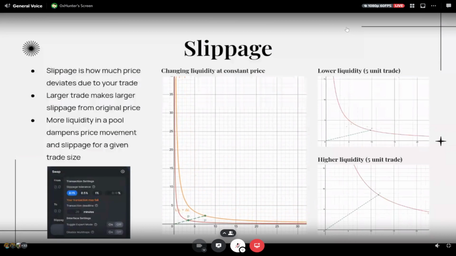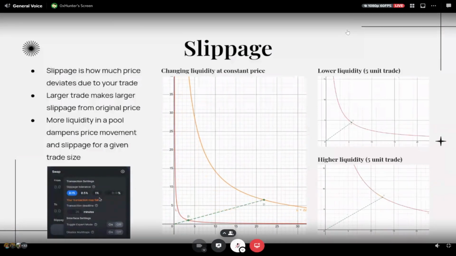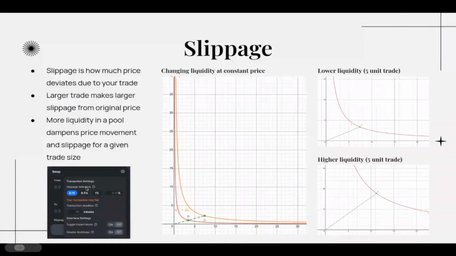And I also gave an example. Something to watch out for when you are trading is that decentralized exchanges generally allow you to set something called the slippage tolerance, which is how much price movement you're willing to tolerate to make the order execute. If you set it to 1% and it turns out the price is going to move 1.5%, then the decentralized exchange won't execute that order.